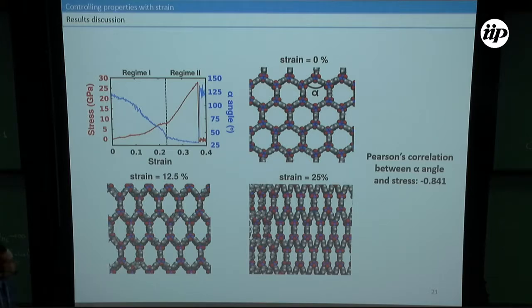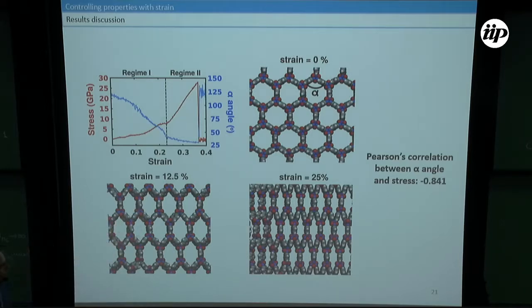In the first one, it can actually close these rings, so it can suffer some strain without a large energy cost because it can deform the microstructure, and this has lower energy cost than actually stretching the bonds. But eventually these rings will close, and you actually have to stretch the bonds, and this takes more energy. So when you eventually close the rings, you have a stronger resistance to the applied strain. You can see this is regime 2.